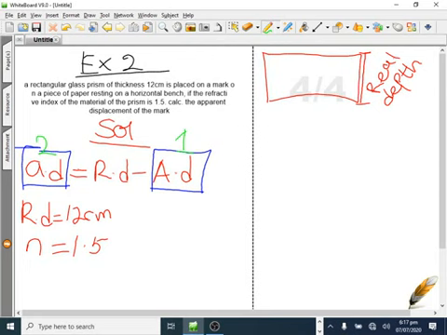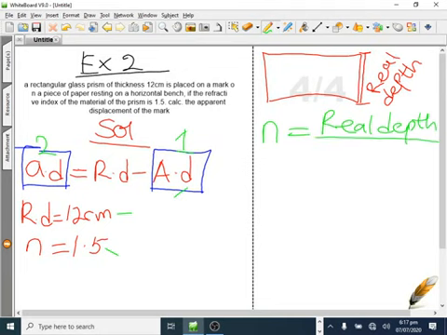For us to find our apparent depth, we know that the relationship between real depth, apparent depth, and the refractive index is: refractive index equals real depth over apparent depth.